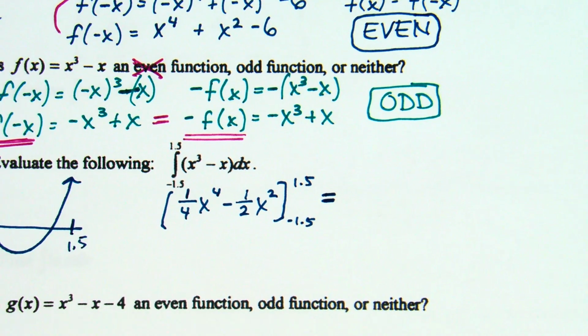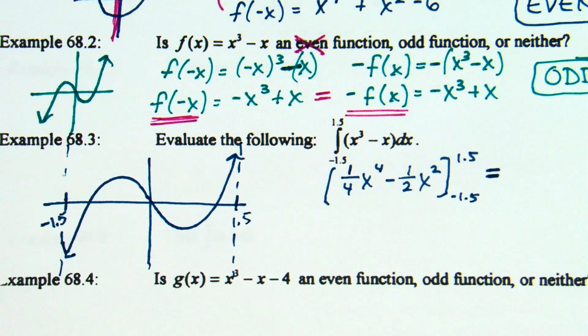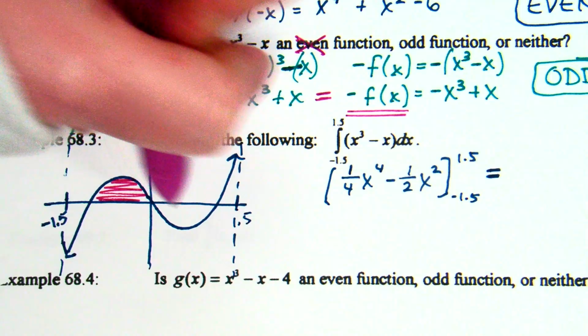So what are your pieces of area under the curve? We've got this mountain and this valley, yes?